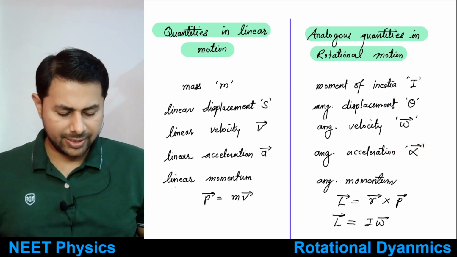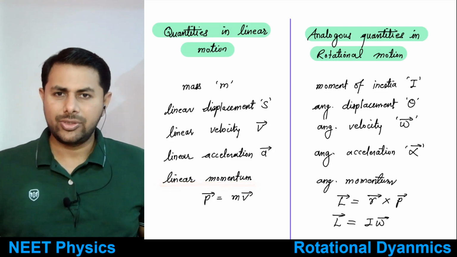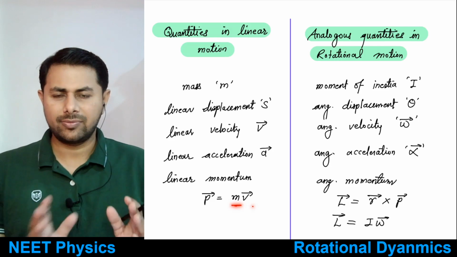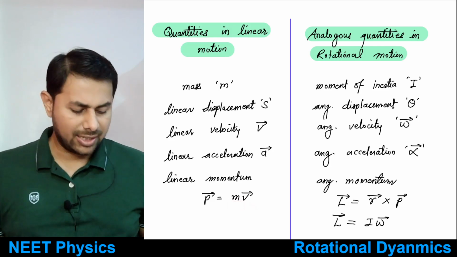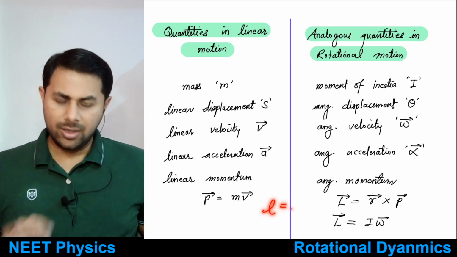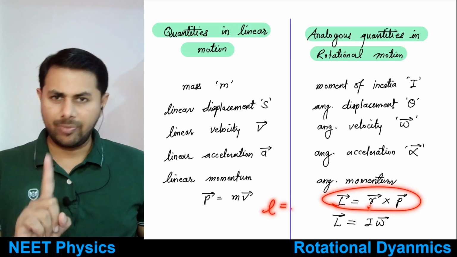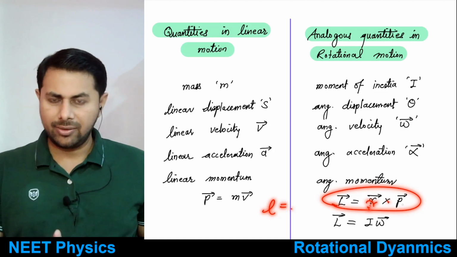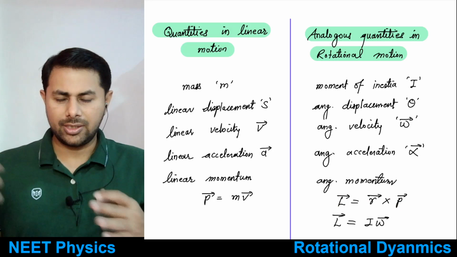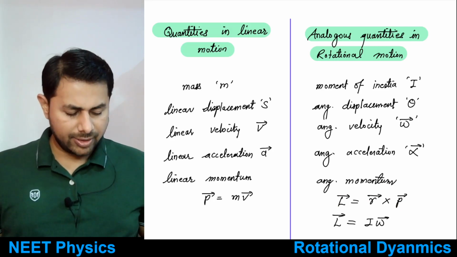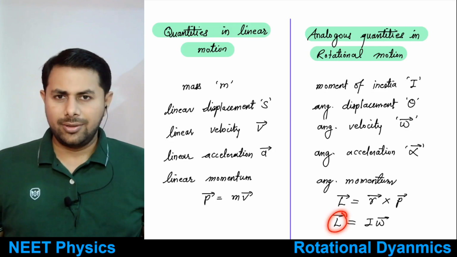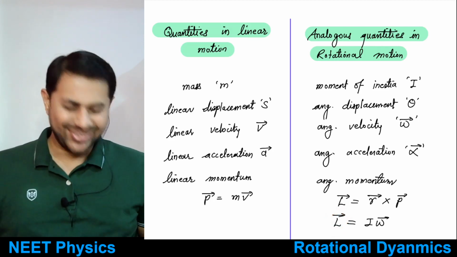Just like in case of linear motion, we have linear momentum. Linear momentum is equal to mass times linear velocity. Just like that, you can write angular momentum. Angular momentum is equal to what? Definition wise, for one particle it is r bar cross p bar, r cross p. It is called moment of linear momentum. But for a body, so a body can have one particle also, right?